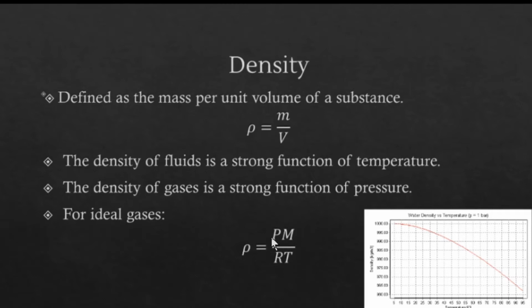So for a fixed pressure and increasing temperature, the density would decrease because the gas is expanding. But for a constant temperature and increasing pressure, you are compressing the gas, therefore the density is increasing.